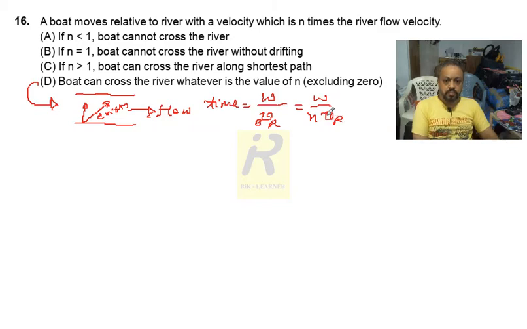What you can understand in this situation is that time is inversely proportional to n. So whatever the value of n we give here, for all n greater than 0, a boat can cross.